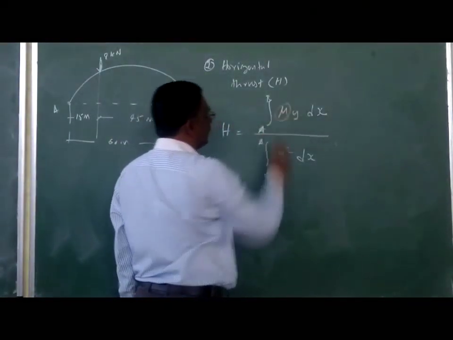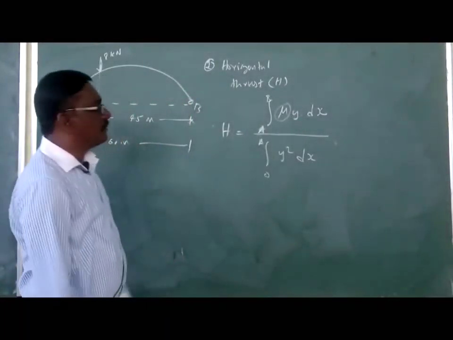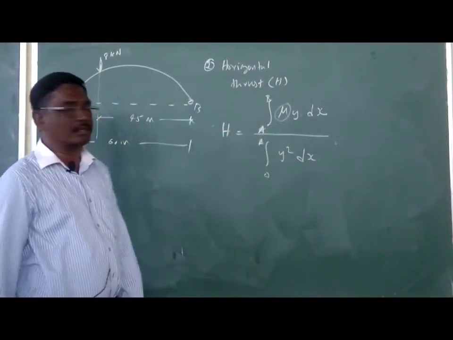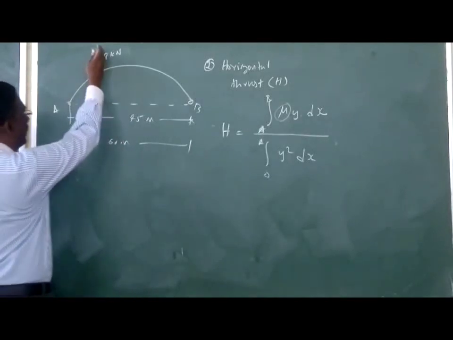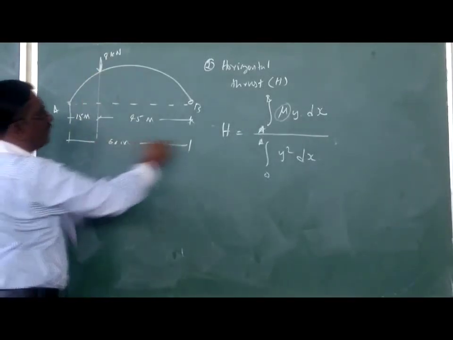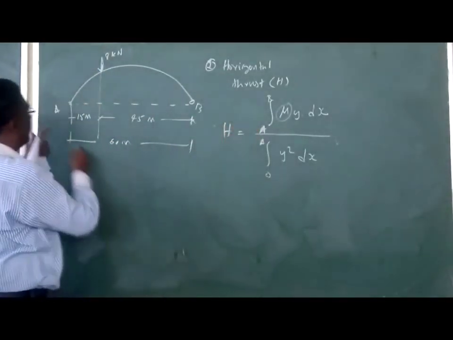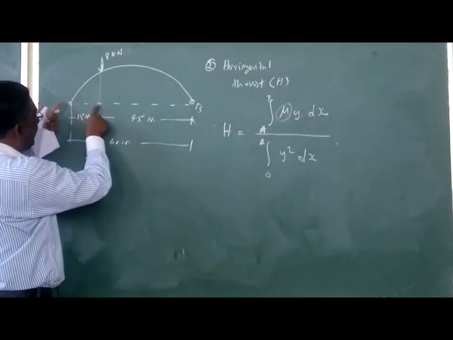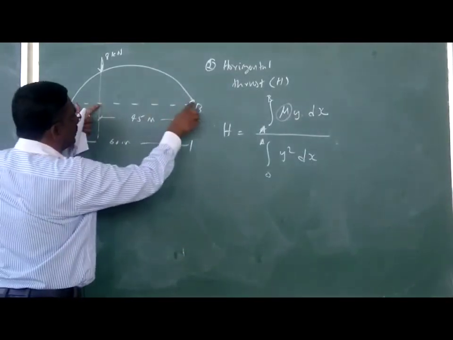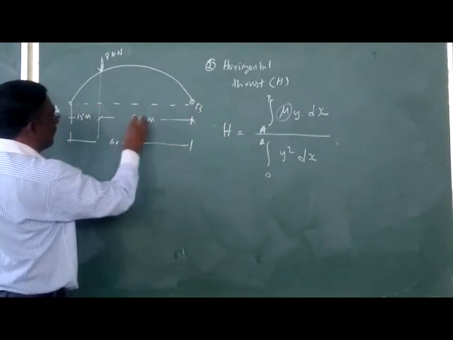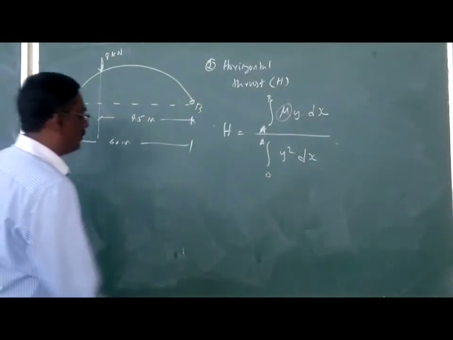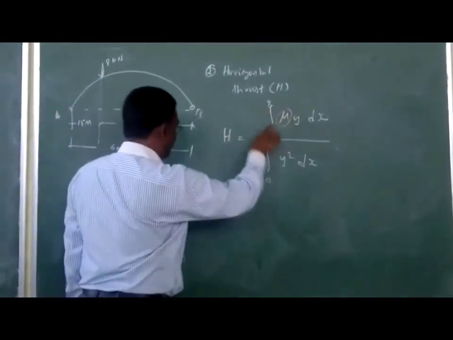Mu is the moment due to the applied forces, the vertical forces. Since we have got one point load, we have to split it in two: first one 0 to 15 and second one 15 to 60, which is another 45 meters. So we can split this numerator into two.